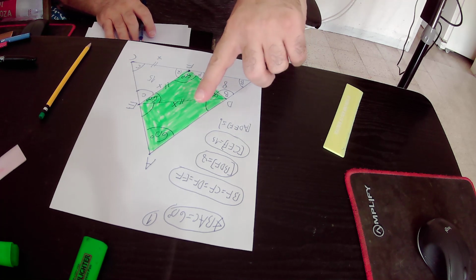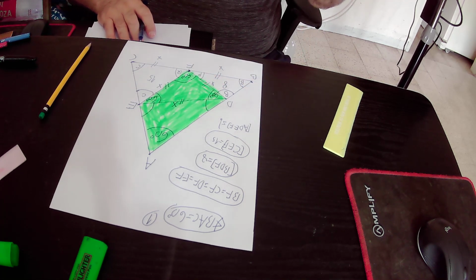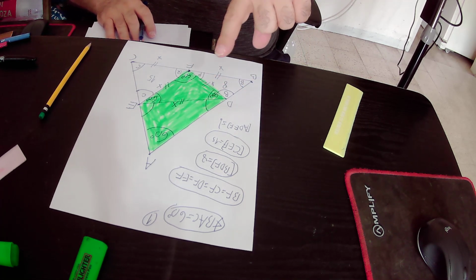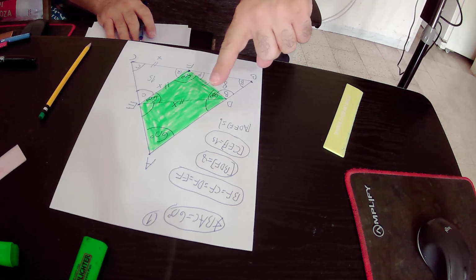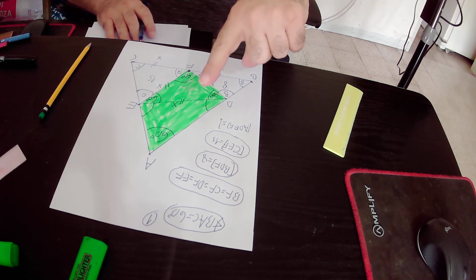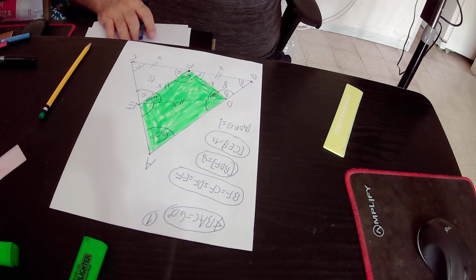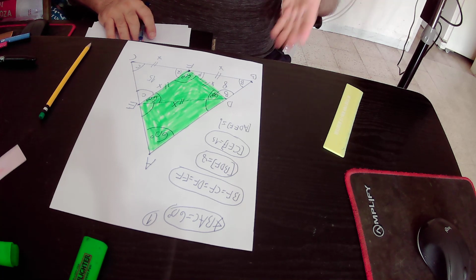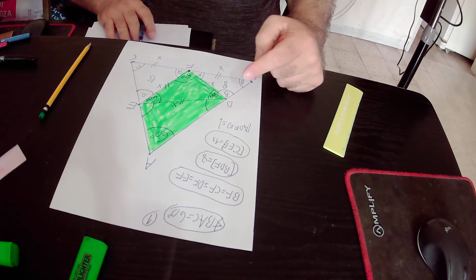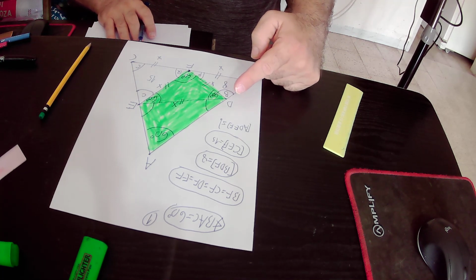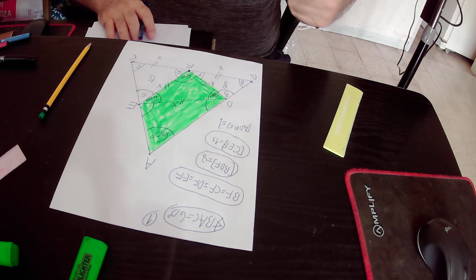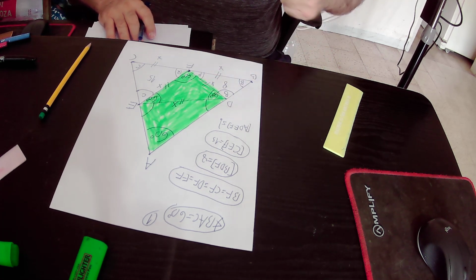Actually, AB is one of the sides of triangle ABC, therefore it is a straight line. And we know that the sum of the angles on a straight line is equal to 180 degrees according to rule number 2. So if we focus at point D on the straight line AB, the sum of the angles must be equal to 180 degrees.